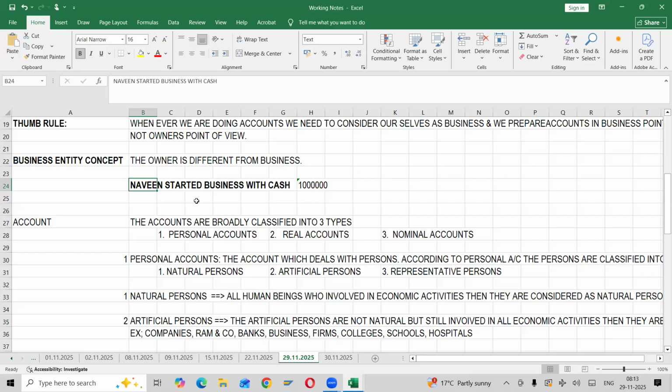If you follow this entity concept, accounts would be easy for us, and whatever business we are doing is easy for us. We are not supposed to club our personal transactions with the business transactions. We need to maintain business transactions separately and personal transactions separately.